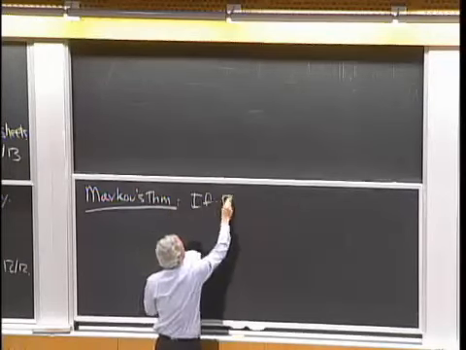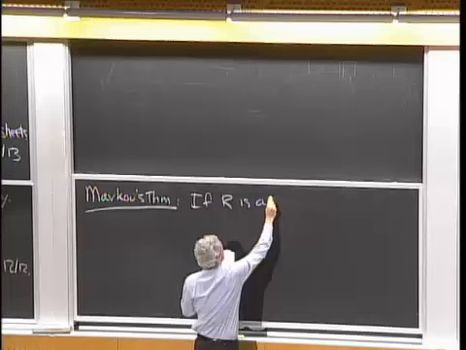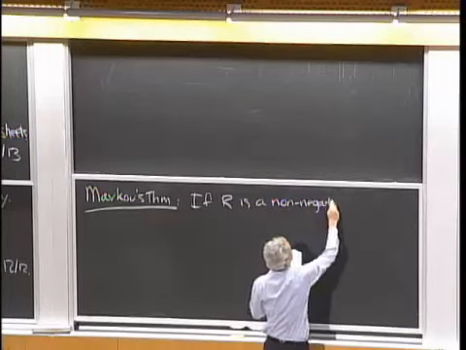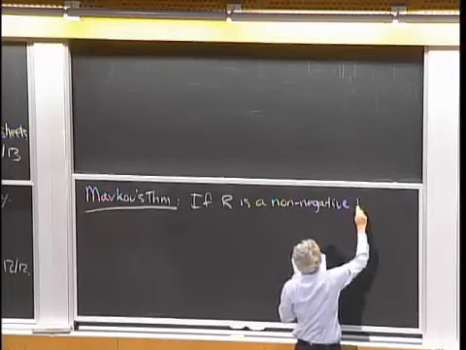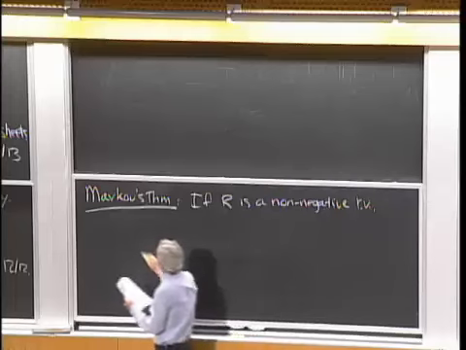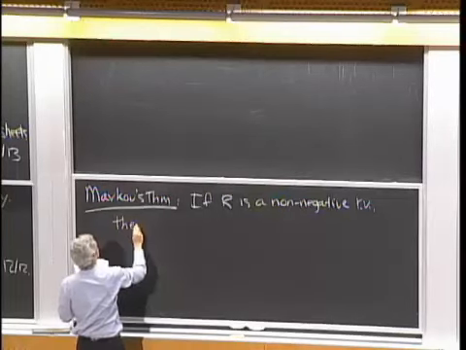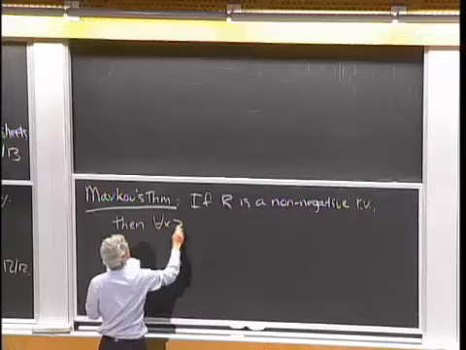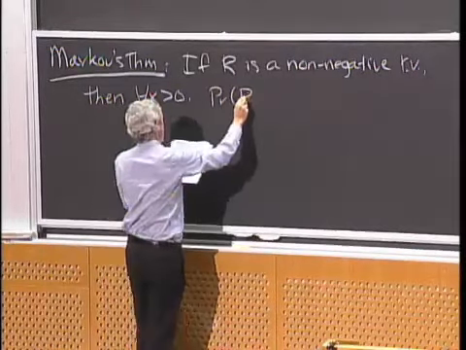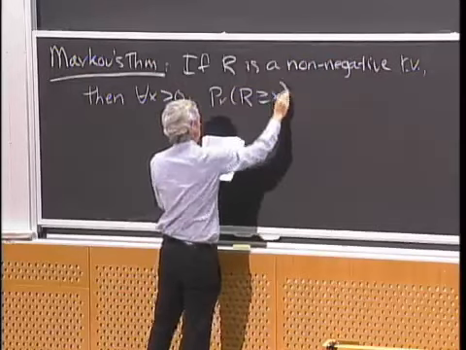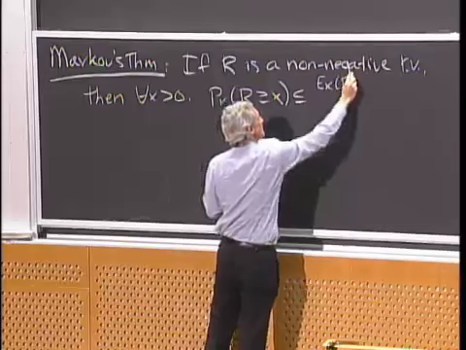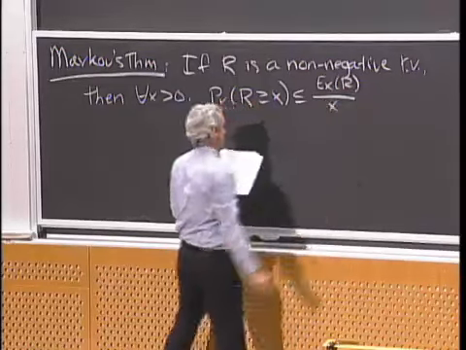if R is a non-negative random variable, then for all x bigger than 0, the probability that R is at least x is at most the expected value of R, the mean, divided by x.